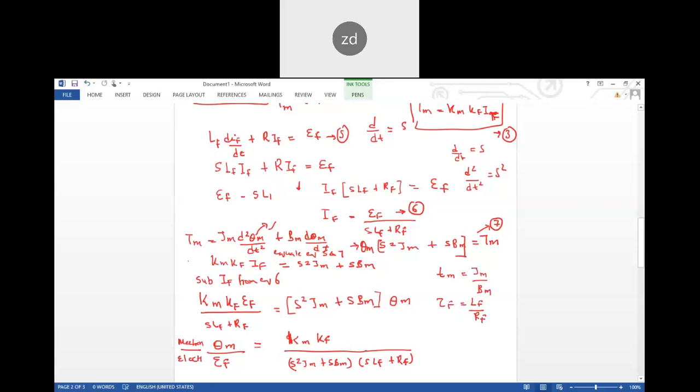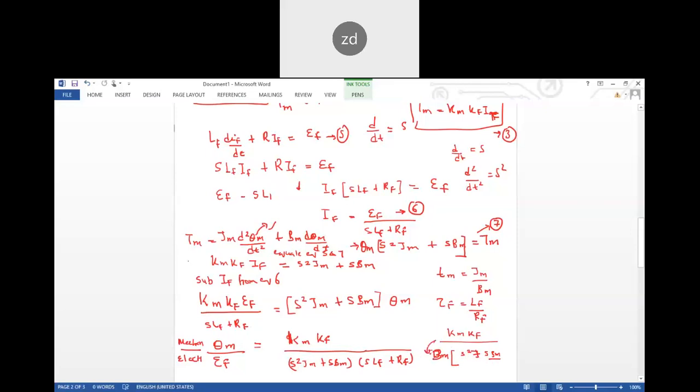So if I take this term Jm outside, it would be s square plus s Bm by Jm. Sorry, if I take the term Bm outside, it would be s square Jm.